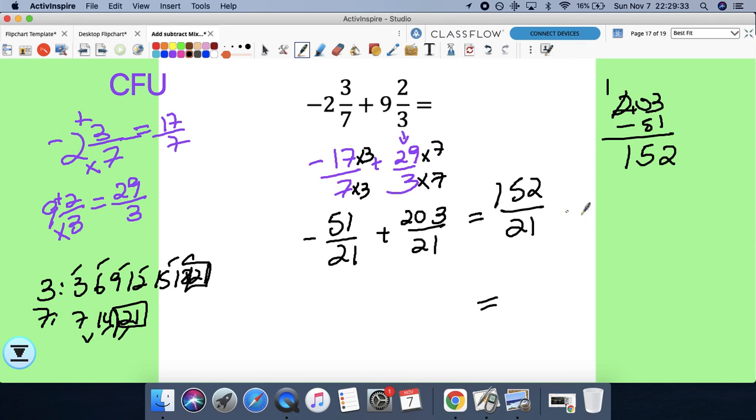We can simplify this, right? So we're going to divide 152 over 21. 21 does not go into 1. 21 does not go into 15. 21 goes into 152. I'm going to say 6 times.